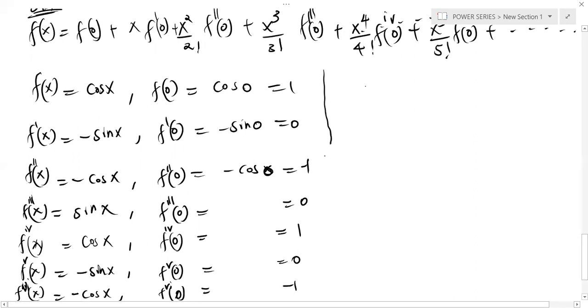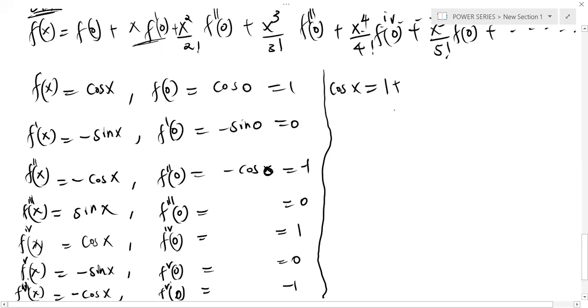So clearly, if we replace these values into our Maclaurin series formula, we'll have our f of x, which is now our cos x, in terms of power series given by f of 0, and our f of 0 is 1, plus x f prime of 0, but our f prime of 0 is 0, so the whole of this term will just be 0, plus now we have x squared over 2 factorial f double prime.